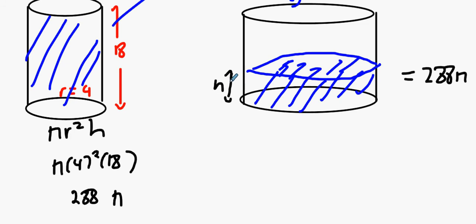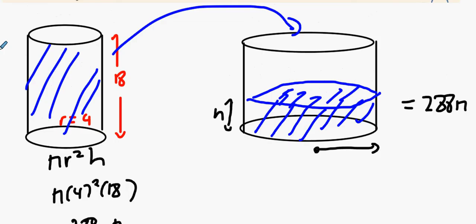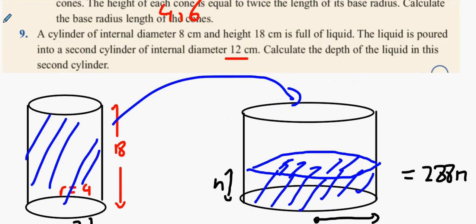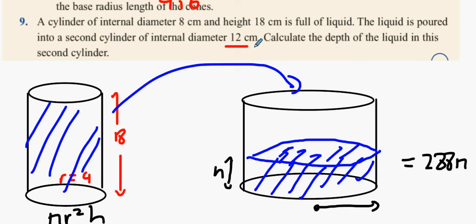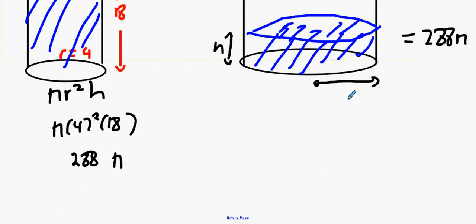Do we know the water level? It's h, isn't it? What's the radius? The radius of the new one is 6, because the diameter is 12. So what do I need to do here? What shape is the water in? The water is in the shape of a cylinder. So what does that mean? pi r squared h equals 288 pi.